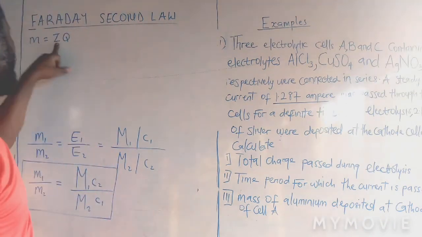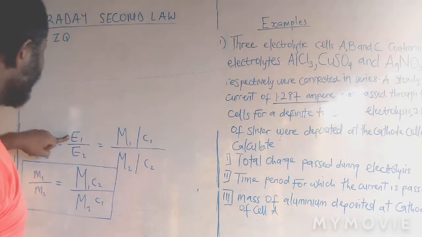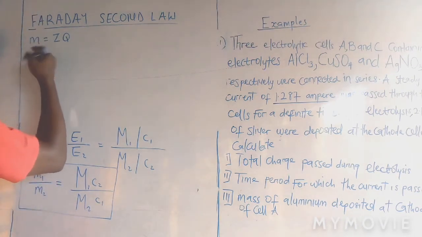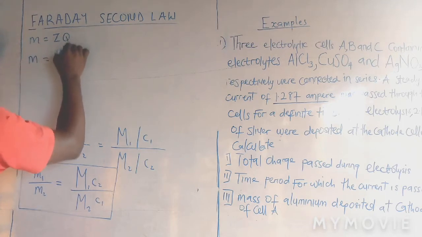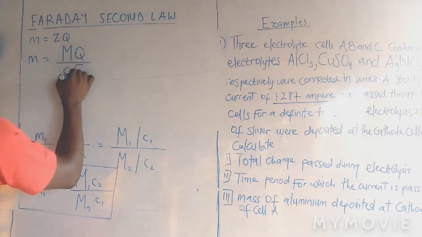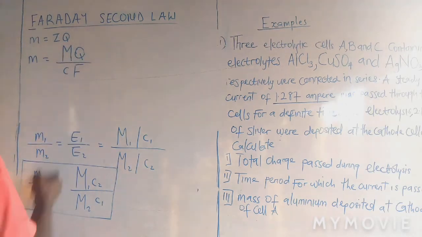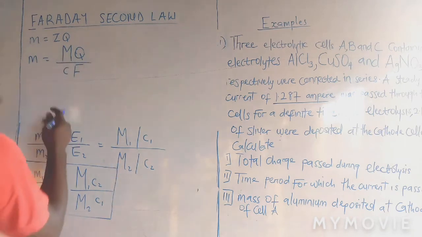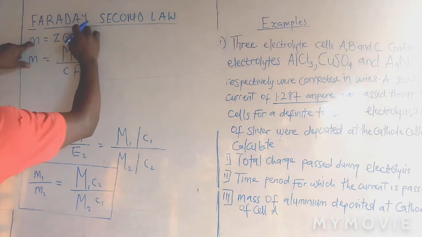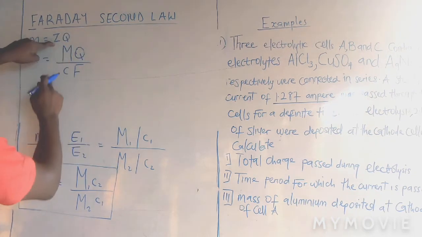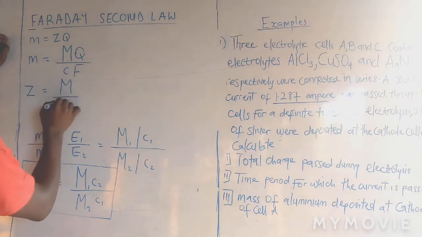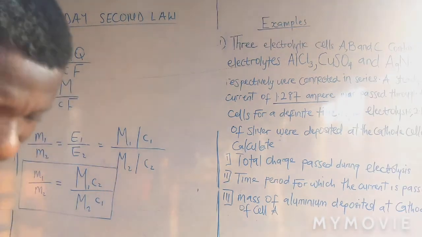This one is electrochemical equivalent, while this one is chemical equivalent. Again, we can argue that M is equal to molar mass multiplied by Q over CF. And from this, it is obvious, since mass here corresponds to mass here, Q here corresponds to Q here, then we can argue that Z is equal to molar mass over C capital letter F.